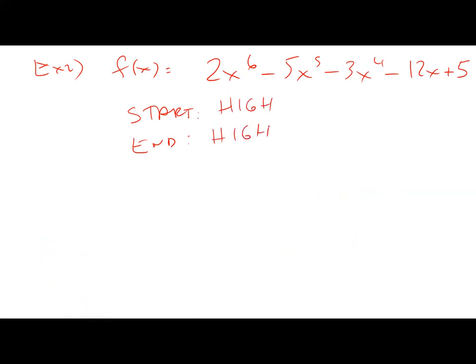Everybody okay with that? The main thing we're focusing on is the first term, the reason why it's high is because it's 2 and 6, right? That number and that number, that's all we need. Got it.